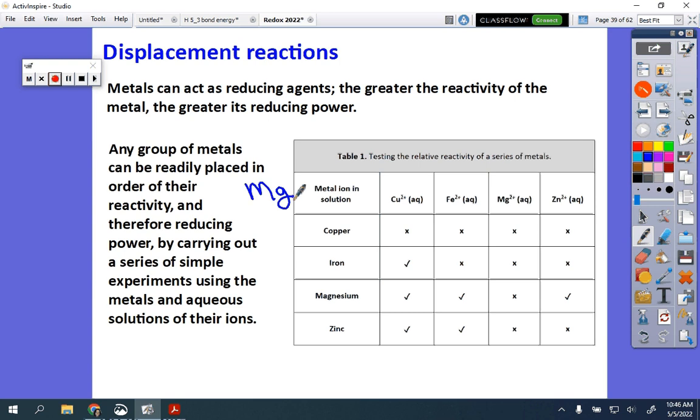What would be next in the series? Yeah, Bubba? Zinc, yep. Because zinc can take on copper or iron. And then we would have iron, and then we would have copper at the bottom. And we could look up an activity series table and find that that is, in fact, the order.